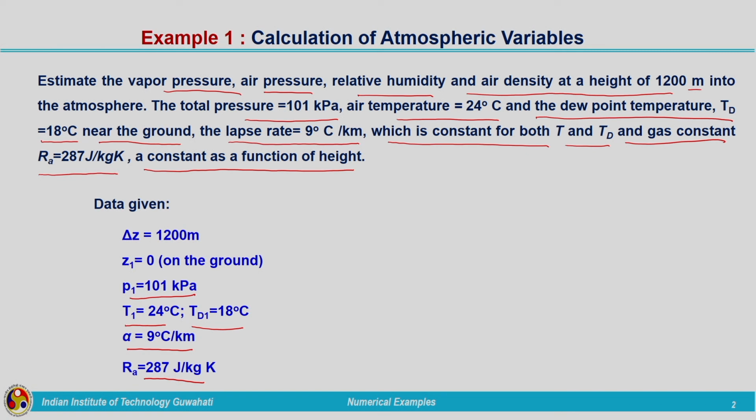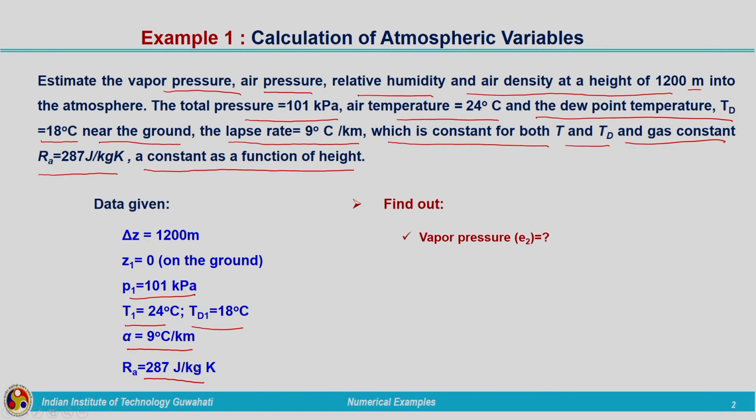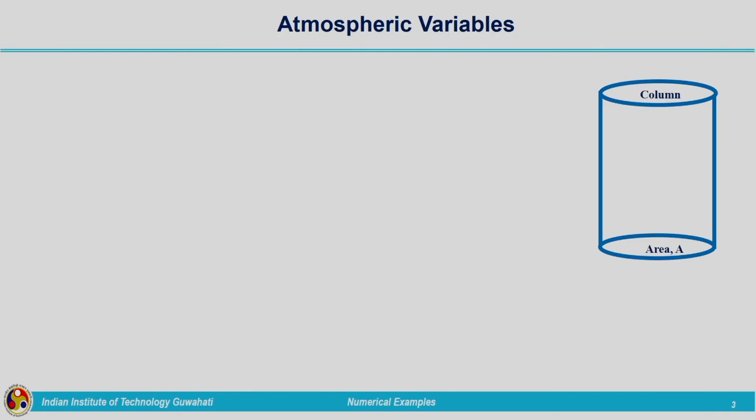Now, what are the details which need to be calculated? We need to find out the vapor pressure E2 at an elevation of 1200 meters, air pressure P2, relative humidity and air density at an elevation of 1200 meters from the ground surface.